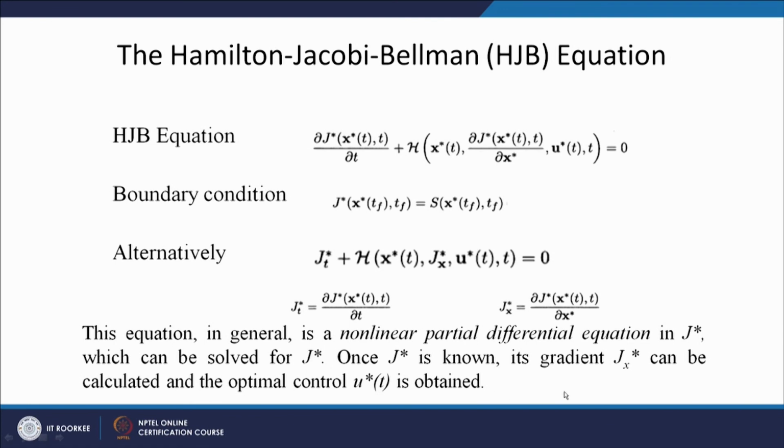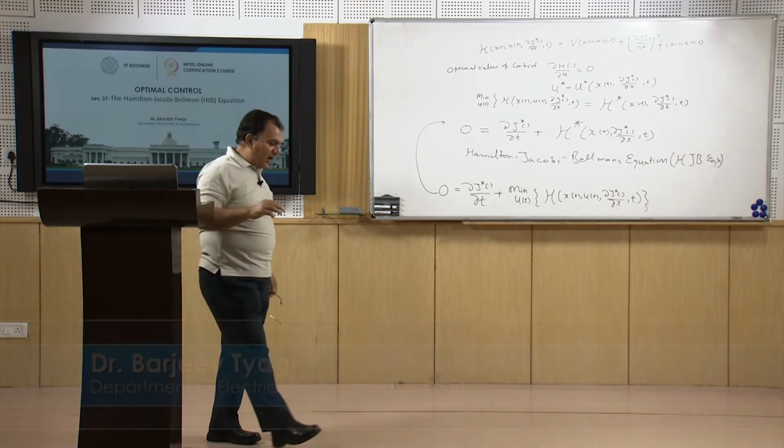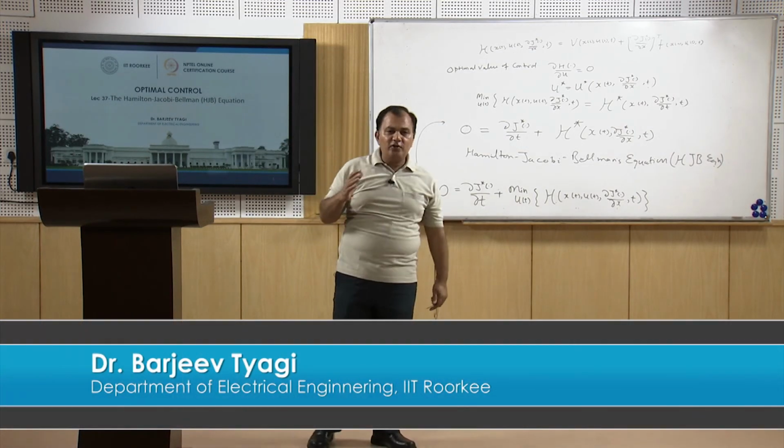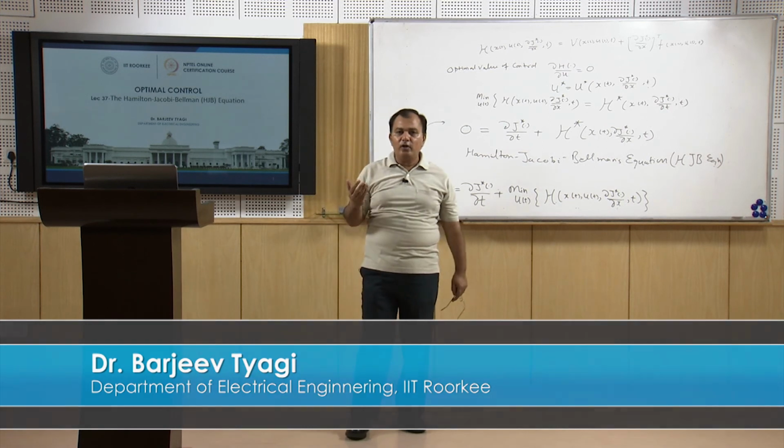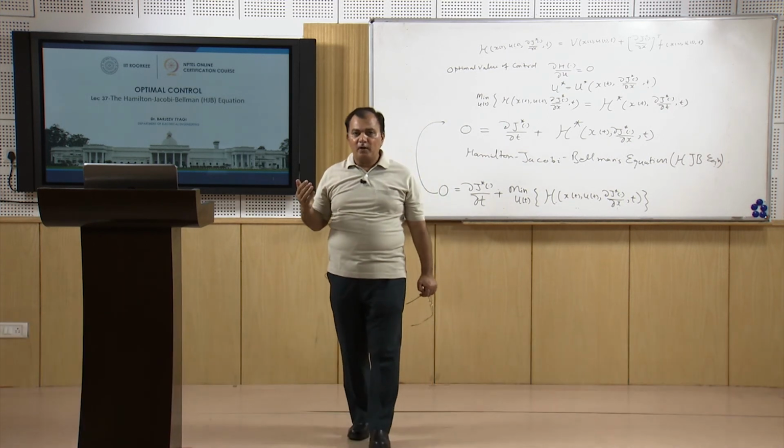Once J star is known, del J by del x, meaning the gradient, can be calculated, and by this we can also find the optimal value of the control. So we have the application of the HJB equation to solve the optimal control problem.